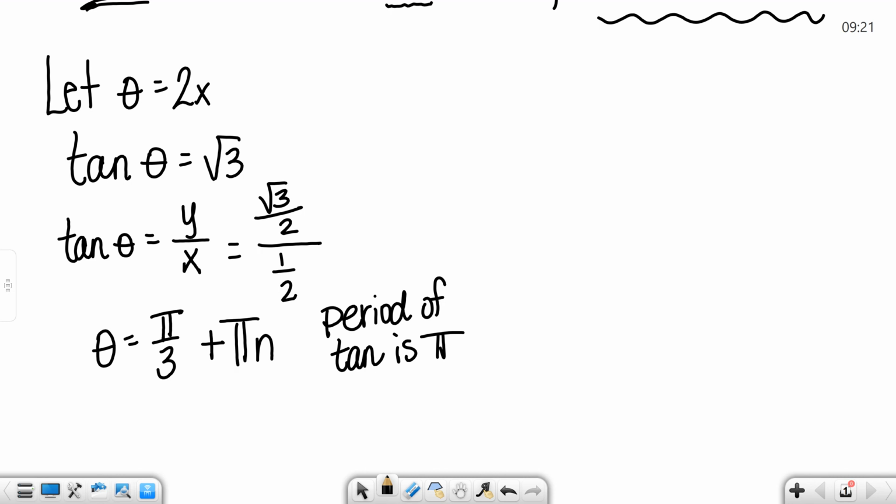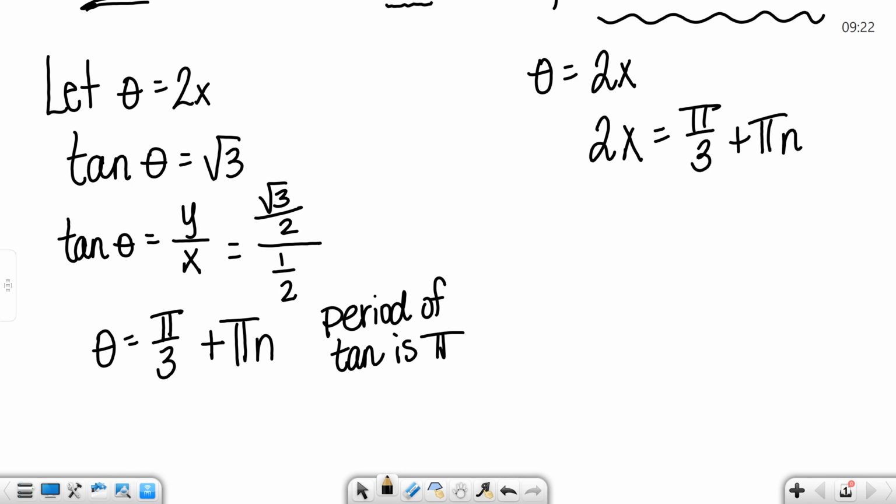Now the next thing I'm going to do is, we weren't looking for theta. That was not even in the problem. So now I'm going to go back to what I said. I said theta was 2x. If theta is 2x, then that means that 2x is pi over 3 plus pi n. Now I've got to solve that for x.